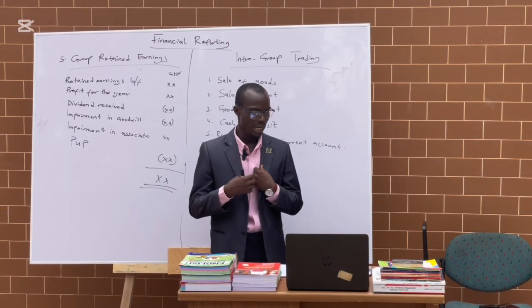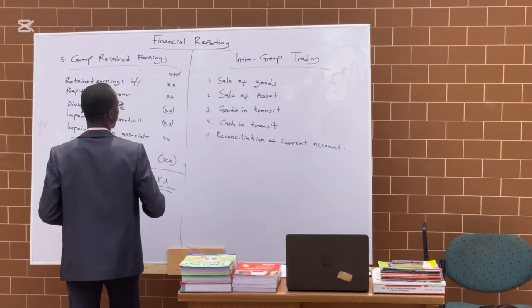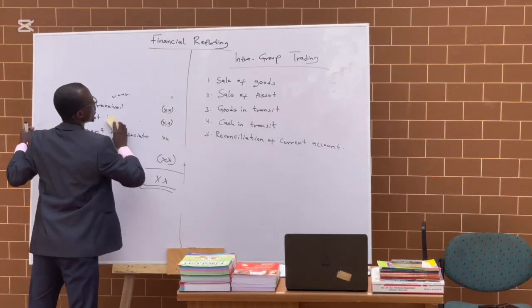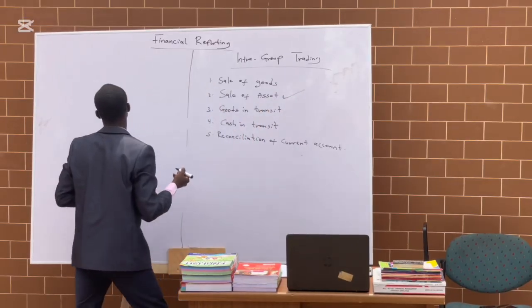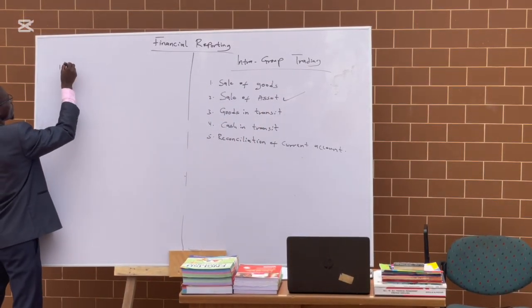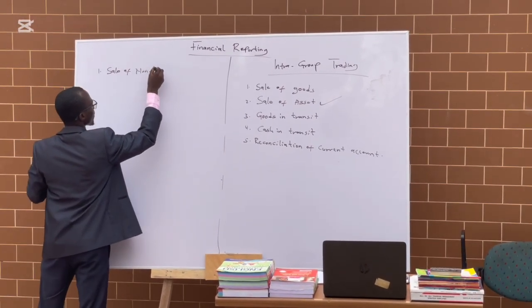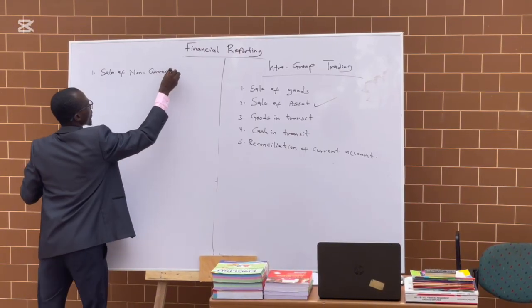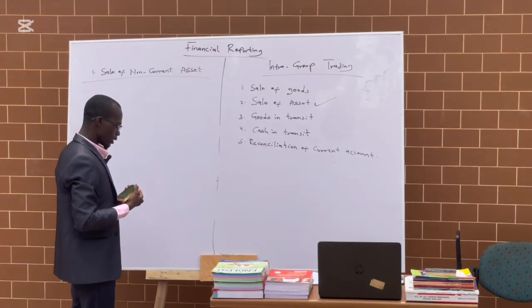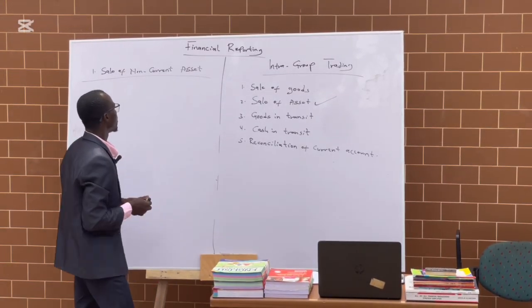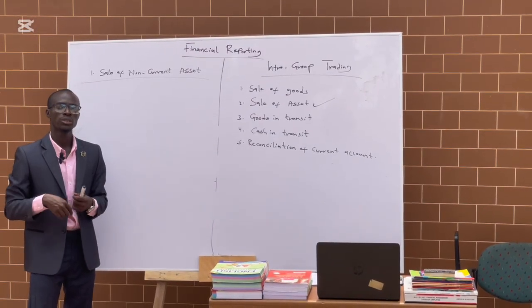So I'm going to start, but I will start with sale of what? Sale of non-current asset. I'm starting with the sale of asset. Sale of non-current asset can be like the subsidiary selling to the parent, or the parent selling to the subsidiary.